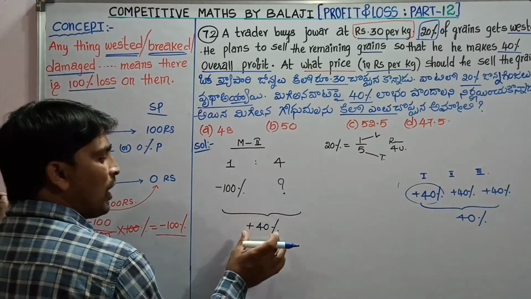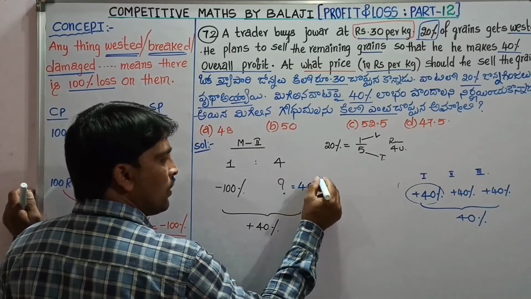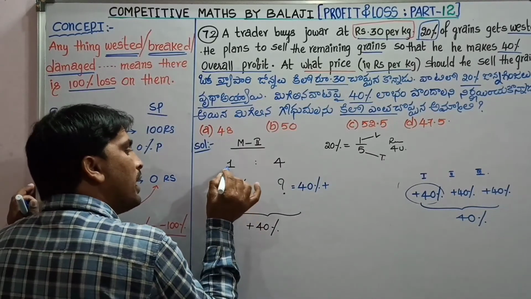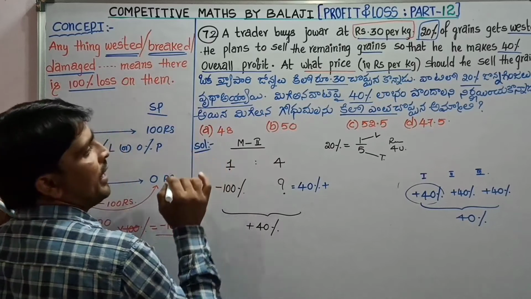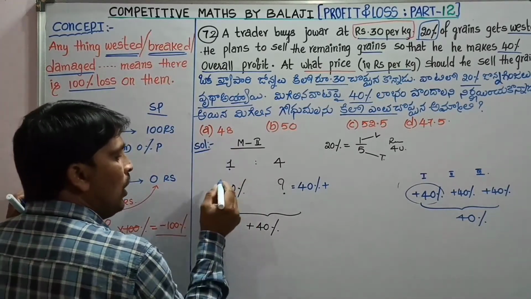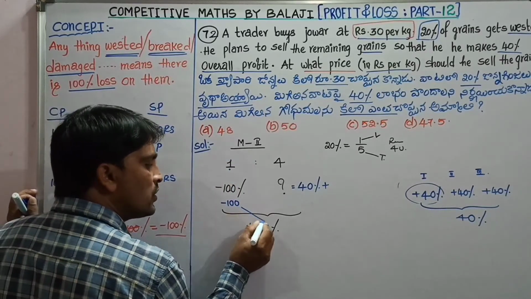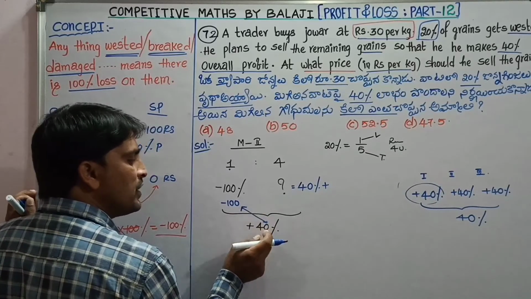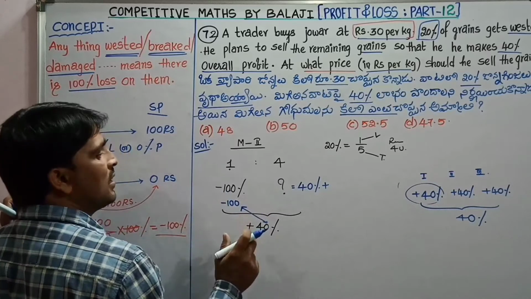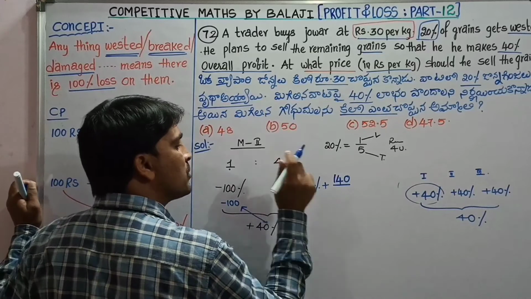So to get overall 40% profit, we have to get 40% profit on the remaining 4 units of grains as well as 40% profit on the 1 unit of grains also. But instead of that, we get 100% loss, so minus 100. Now see the deficiency. The deficiency is 40 minus of minus 100, that is 40 plus 100, which is 140. That deficiency must be covered by the remaining 4 units of grains.